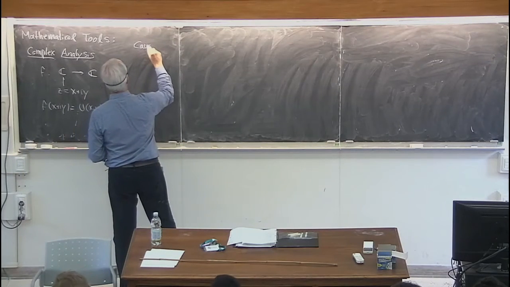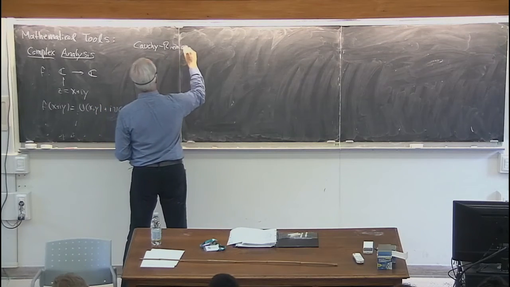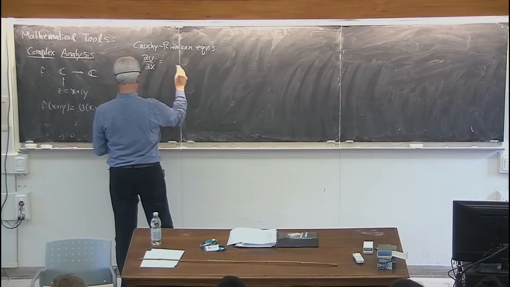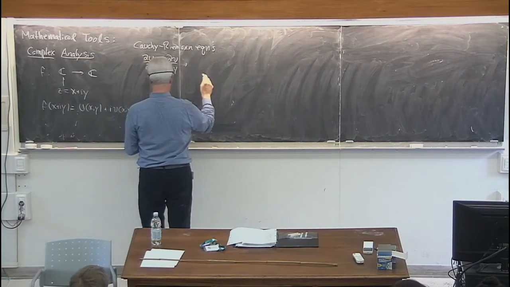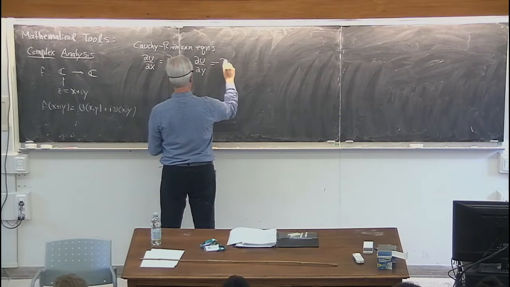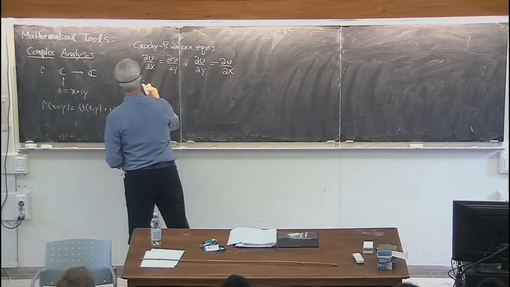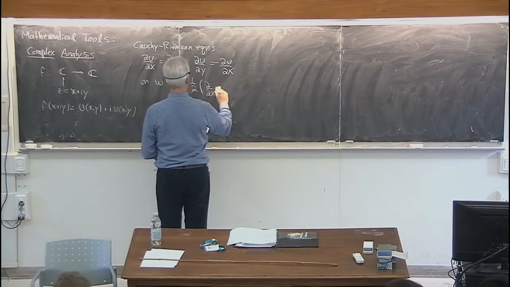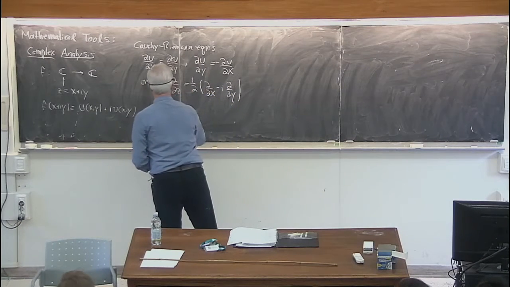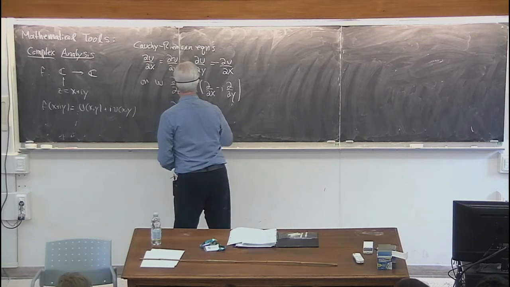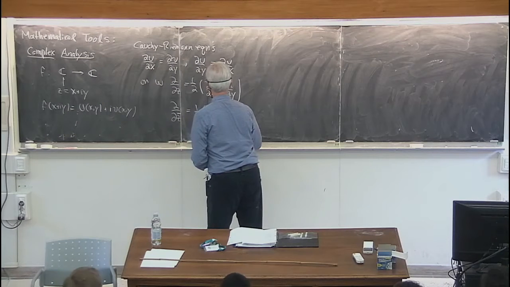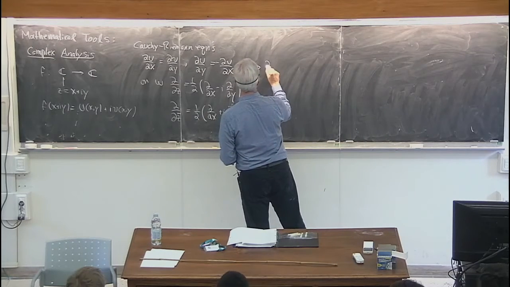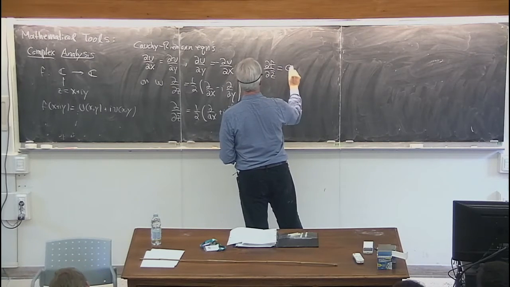And the Cauchy-Riemann equations tell us that if these partial derivatives are equal, or if we define d by dz to be 1/2 of d by dx minus i d by dy, and d by dz bar to be 1/2 d by dx plus i d by dy, then this is equivalent to saying that df by dz bar is equal to 0.